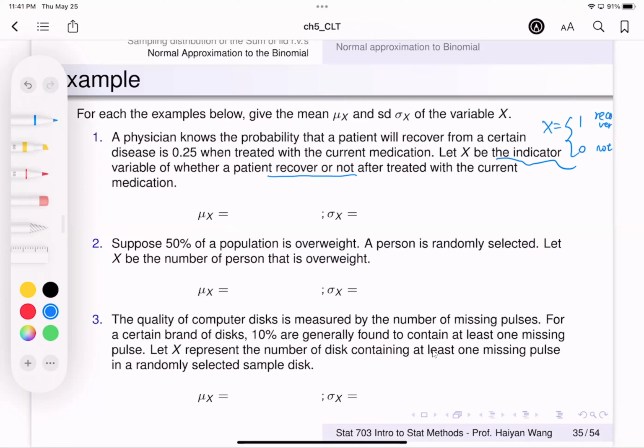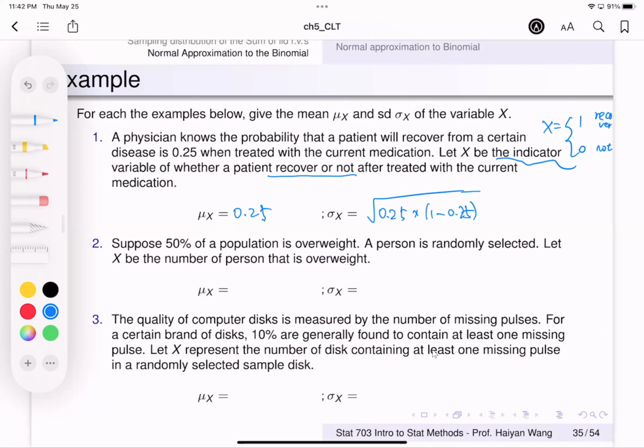So it is a Bernoulli random variable. And for a Bernoulli random variable, we have the mean of x equal to the proportion, so in this case it is 0.25. And the standard deviation is equal to the square root of p times 1 minus p, which is 1 minus 0.25, take the square root.